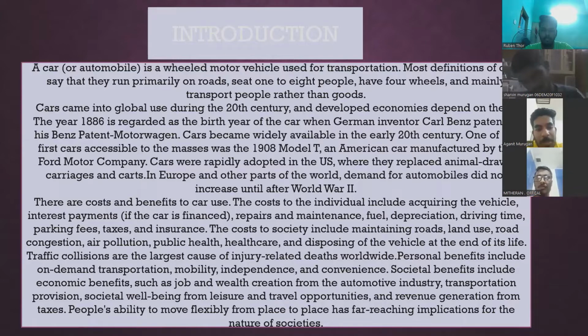People's ability to move flexibly from place to place has far-reaching implications for the nature of societies. Okay, next slide, please.